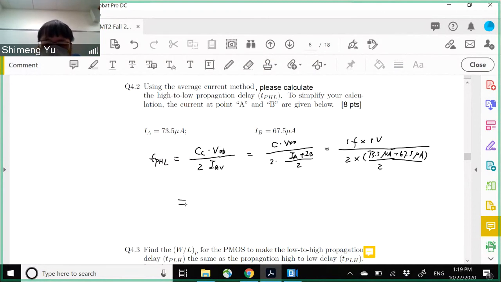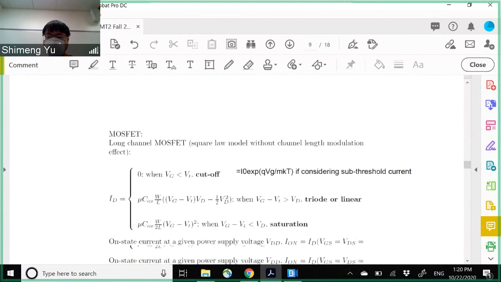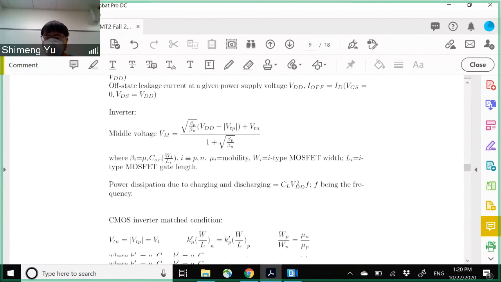I will skip that, but be careful about the unit. The femto is 10 to minus 15, and the micro is 10 to minus 6. So I will skip the calculation, and I think the final solution is given here.